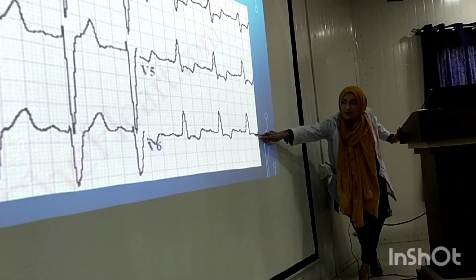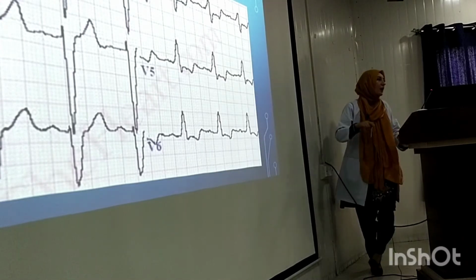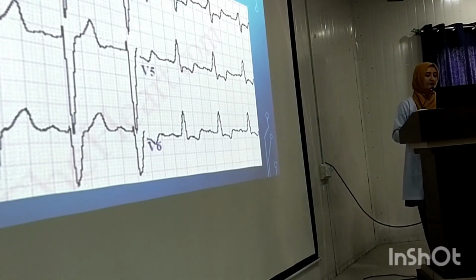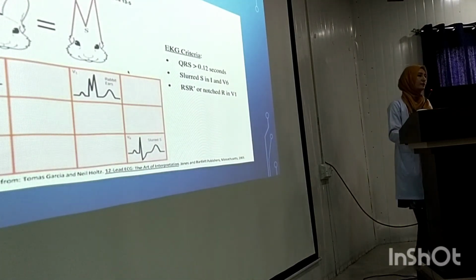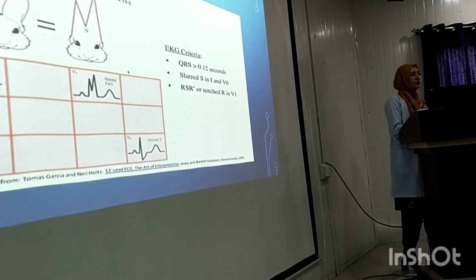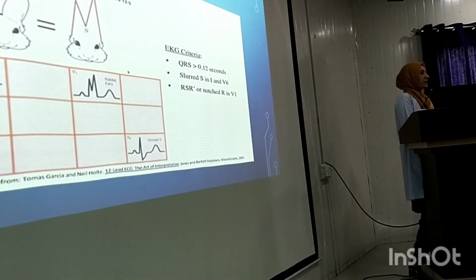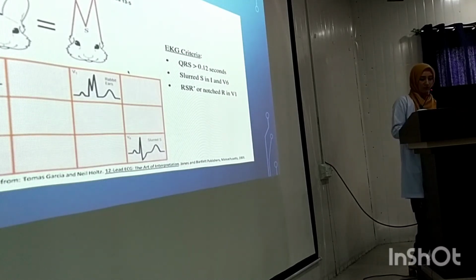This is a left bundle branch block because there are upward QRS complexes in lead V6. Now the rabbit ear, this is how we used to memorize it. If the right ear of the rabbit is big in lead V6, it's LBBB. If the left ear of the rabbit is big in lead V1, it's an RBBB.